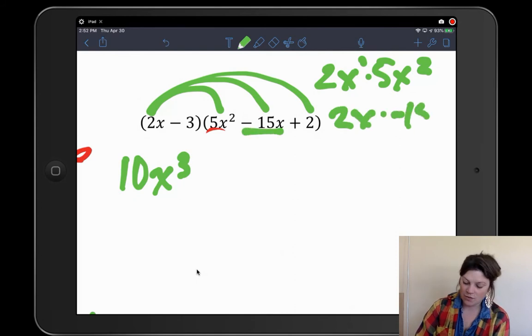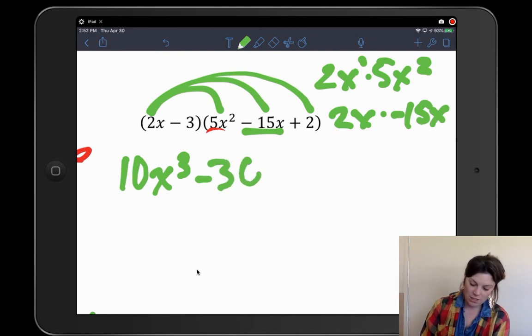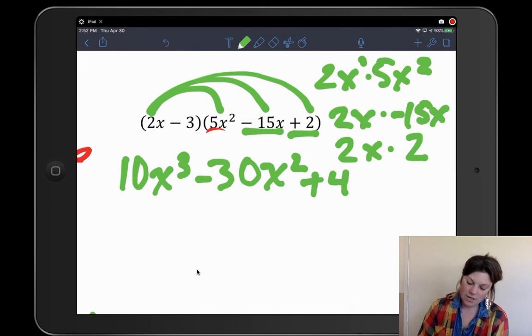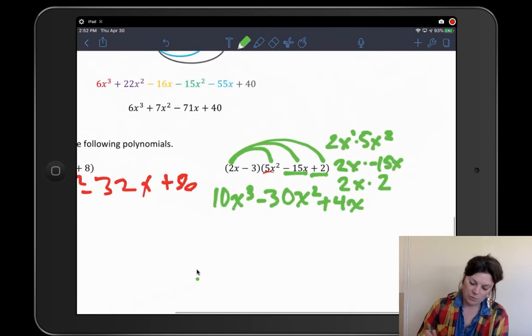So you have 2 times negative 15, which is negative 30, and then you have x times x, which is just x squared. All right, we got one more to do before we're done with this run. We got 2x times 2, so that's 2 times 2 to get 4. And then you have the x, no other x's added to it or multiplied by it, so we're going to leave it there.